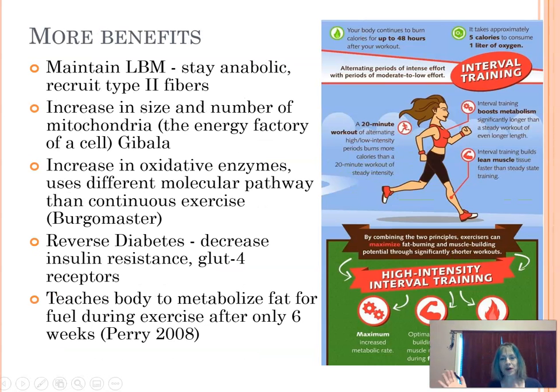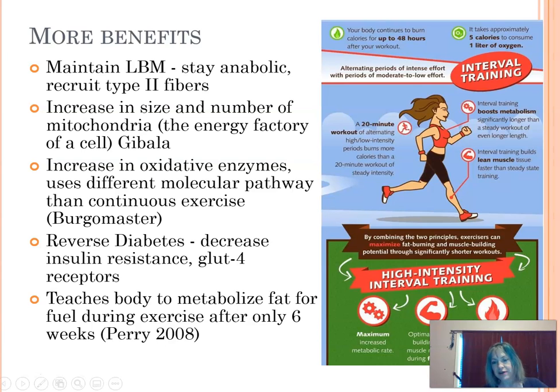More benefits. There's more. It's possible that you can maintain your lean body mass, so you're able to stay anabolic and recruit type 2 fibers with some HIIT that you may not be able to recruit with a long, slow distance type training. So this is very appealing to those who are concerned that cardio is going to affect their strength gains.